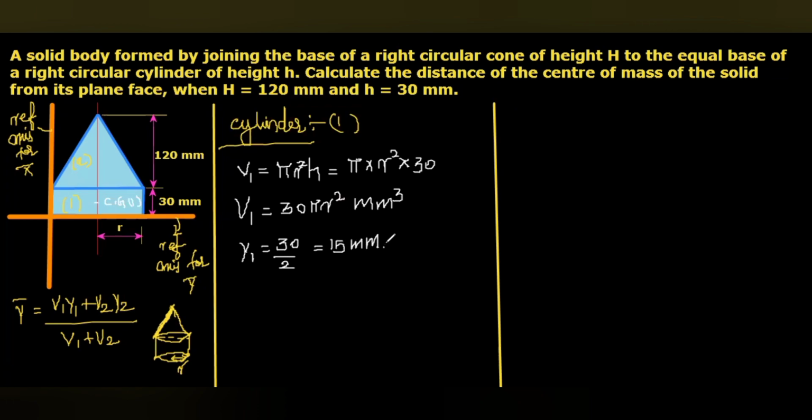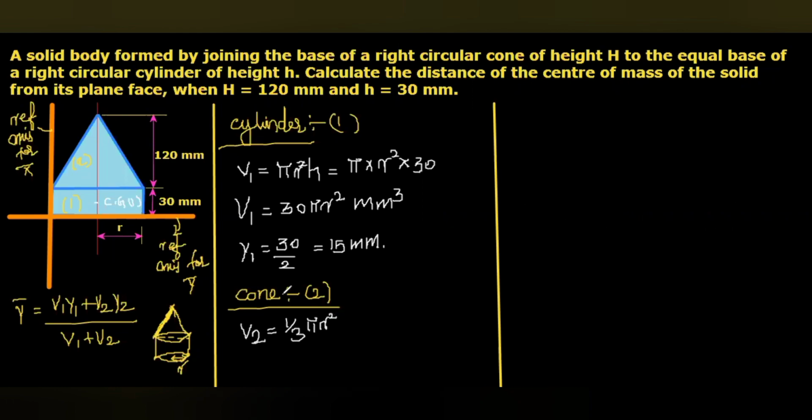The same thing now we are going to do for the right circular cone. Second one, cone. So for the cone, V2, that is 1 by 3 pi r square h.